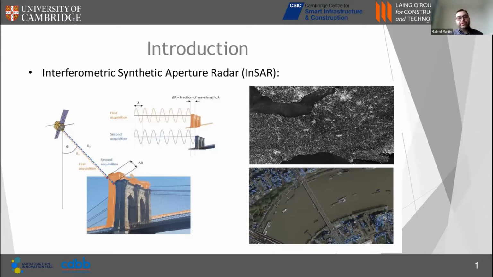So by doing this interferometry process consistently over time on the different acquisitions of the satellite, it is possible to obtain a time series of displacements of the different objects that we are observing, and this is what we want to use for infrastructure monitoring.